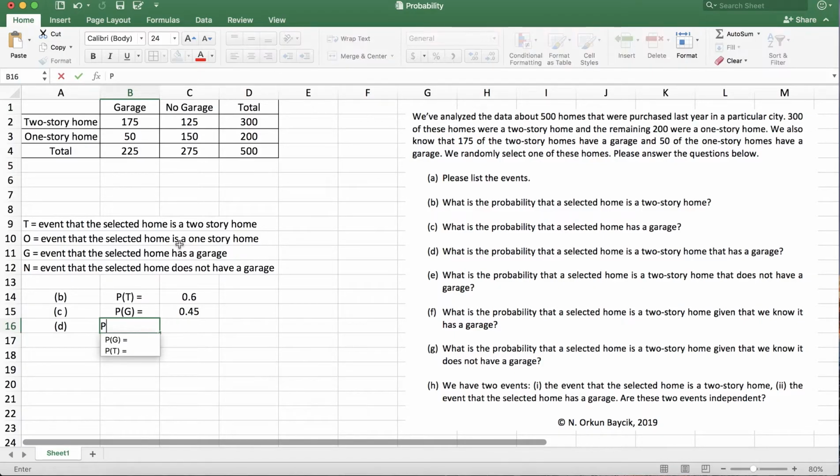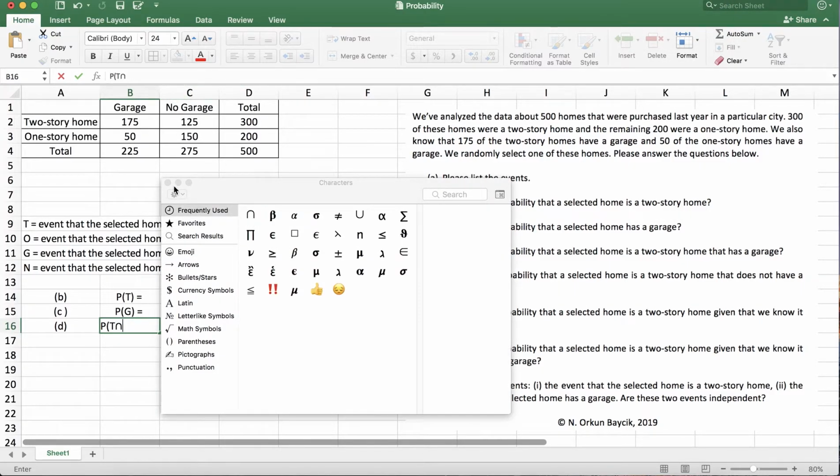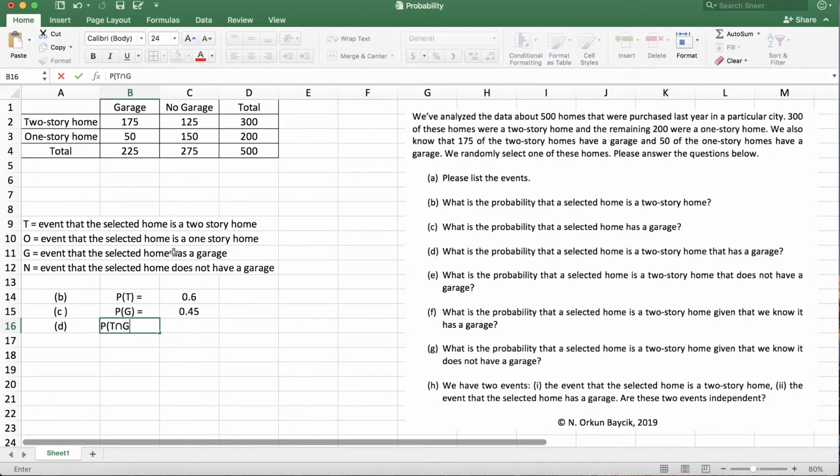So the notation for this will be T intersection G, okay? So the intersection symbol is given here, T intersection G, which is also called the joint probability of T and G. The answer to that will be, how many two-story homes with a garage do I have?